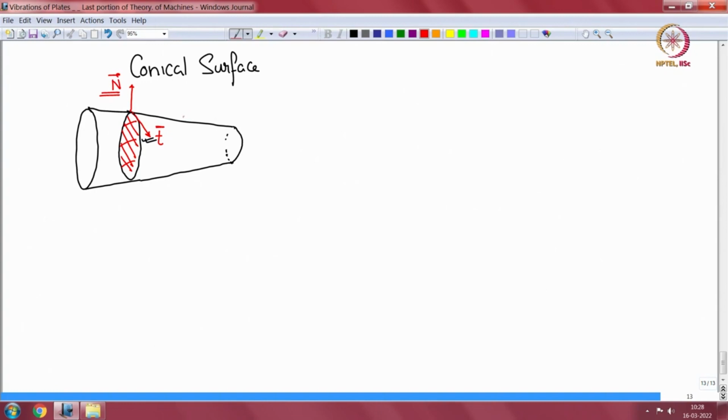However, if you see this conical surface, its normal is like this. Its unit normal is in this direction. Okay, so if a curve lies on a surface, its own principal normal need not coincide with the surface normal. So this angle we'll call it 90. So this is the tangent. Okay, this is the tangent.